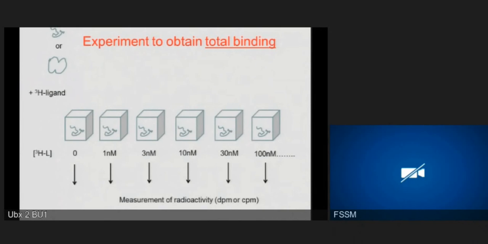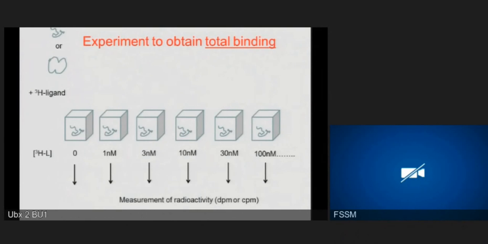I prefer the endogenous system. So from fragments of cells, from the cortex or striatum or whatever, or directly on slices. So, you are using dishes. Inside the dishes, you put first the medium. The medium is, in fact, a buffer.